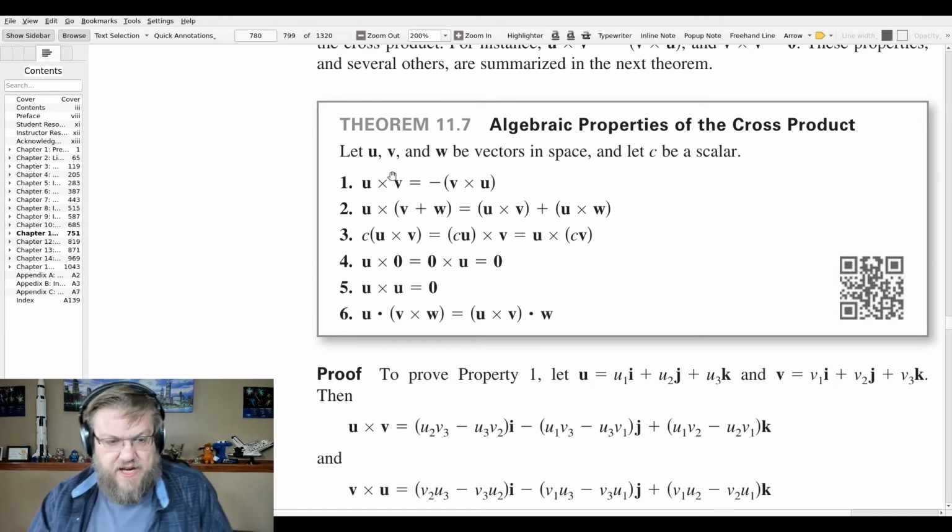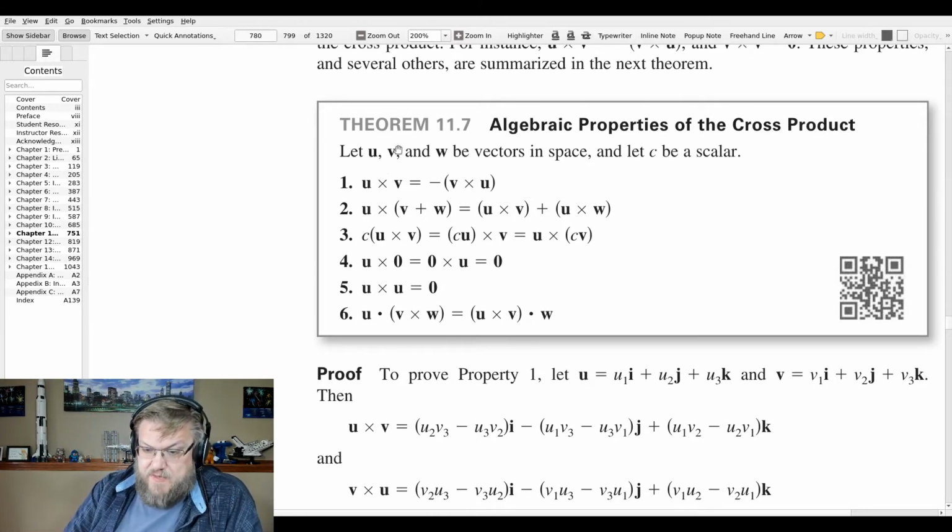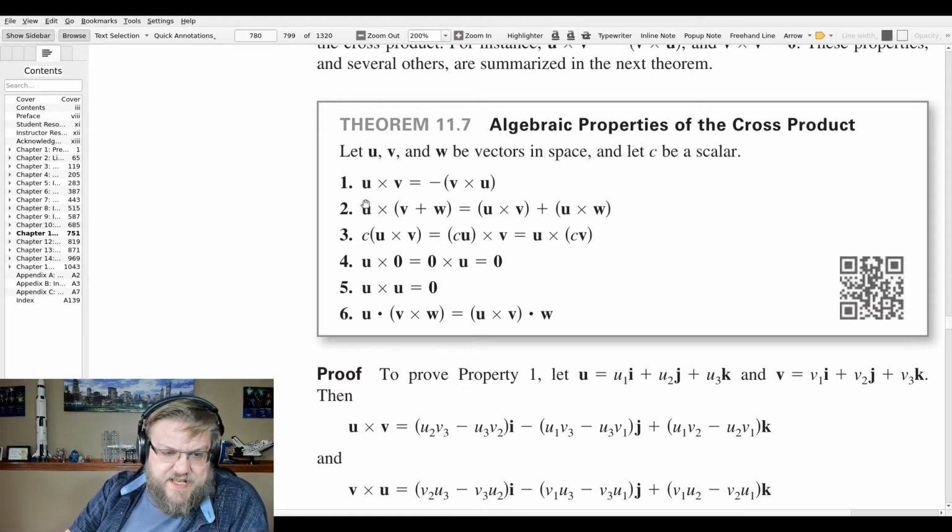And so here we have that first rule right there, the one that we just said. It's not commutative, but it is predictable. Next one we got is that u crossed with the sum v plus w is the same as u crossed with v and u with w and then adding those vectors.